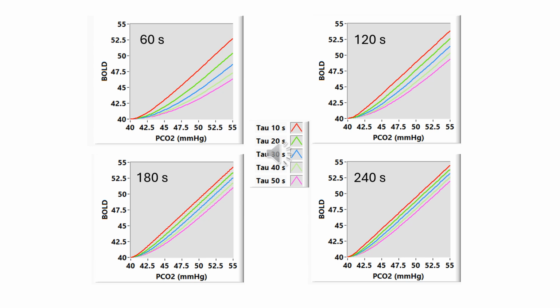As illustrated, if the ramp rises too quickly, the 60-second ramp, for example, then some slow responses do not catch up to the PCO2 ramp change even before the ramp is finished. Increasing the ramp time can overcome this problem, but extending the ramp time risks introducing bold signal drift.